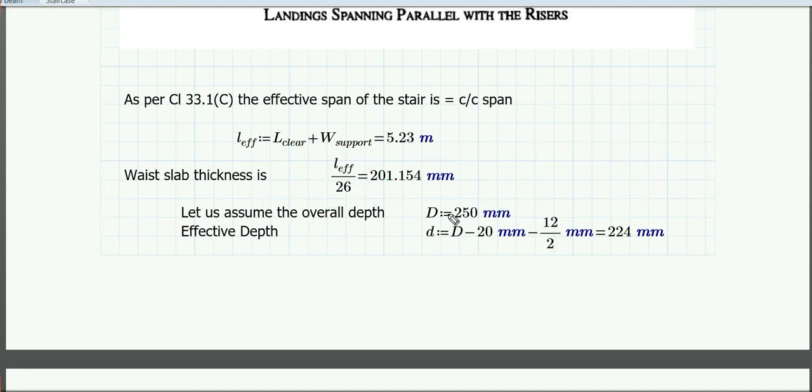So let us assume that the overall depth of the waist slab is 250 mm, greater than this value. Then the effective depth becomes D minus 20 mm.